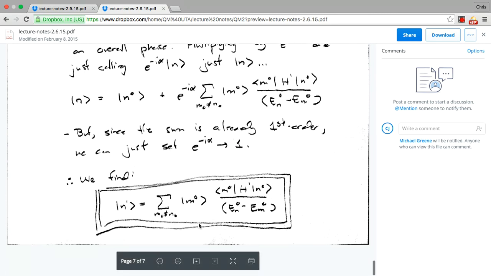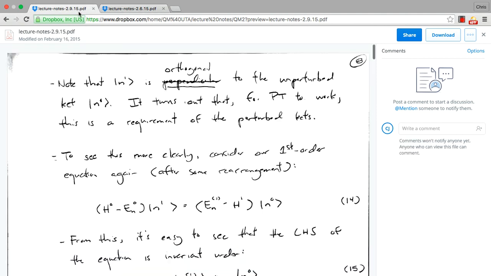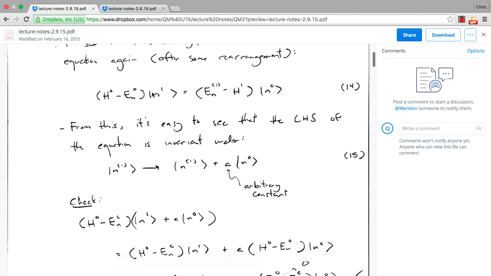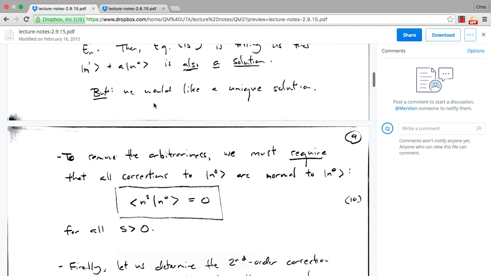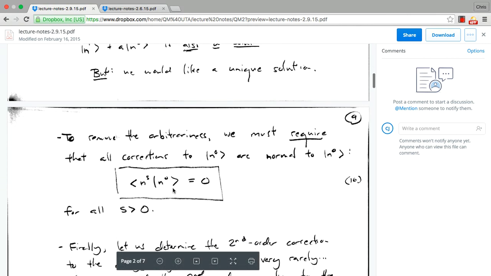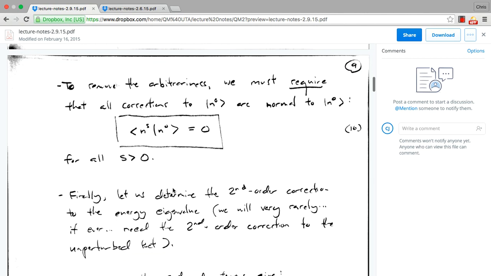We could see explicitly that it's going to be orthogonal. And this little argument that we went through shows explicitly why you have to do that. So what we have to do is require not only the first order, right, but all orders above the zeroth order, they all have to be orthogonal to the unperturbed eigenket. Okay.